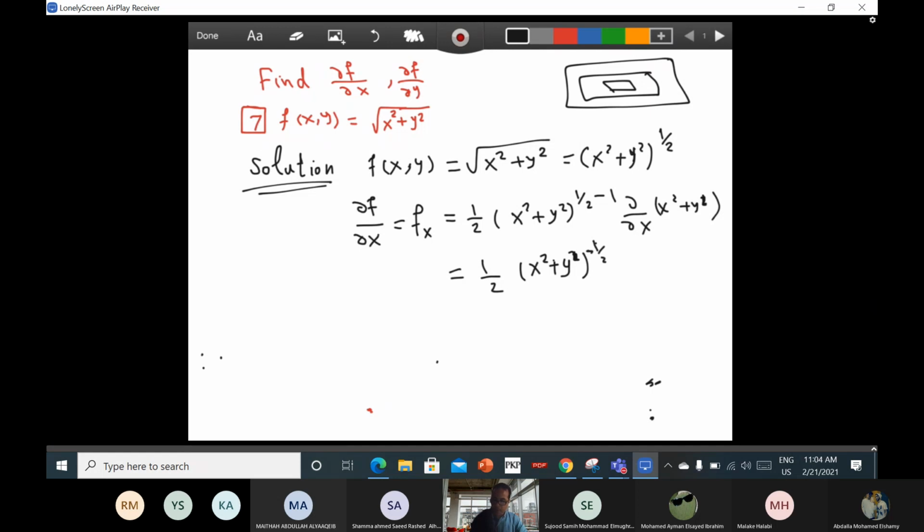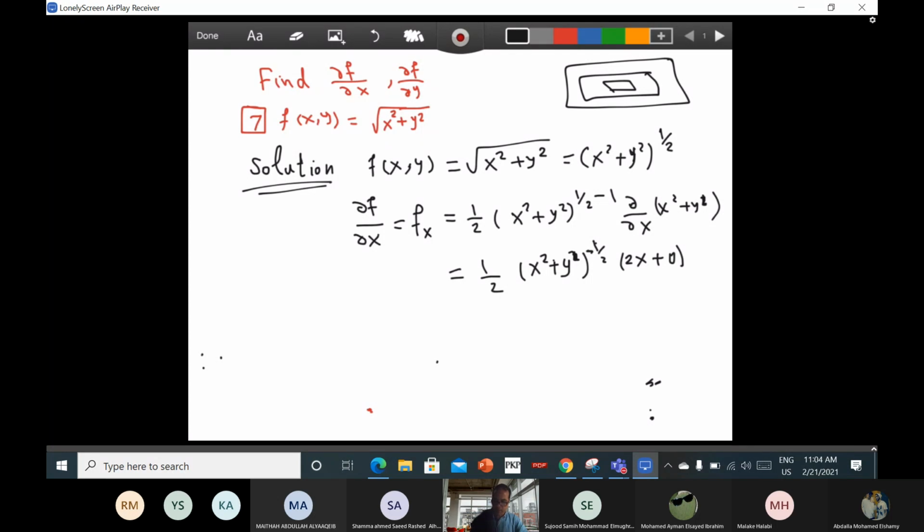I'm differentiating partially with respect to x, so y for me is a constant, right? I'm just differentiating x squared to 2x, plus the derivative of y squared is 0, because I consider y as a constant with respect to x.